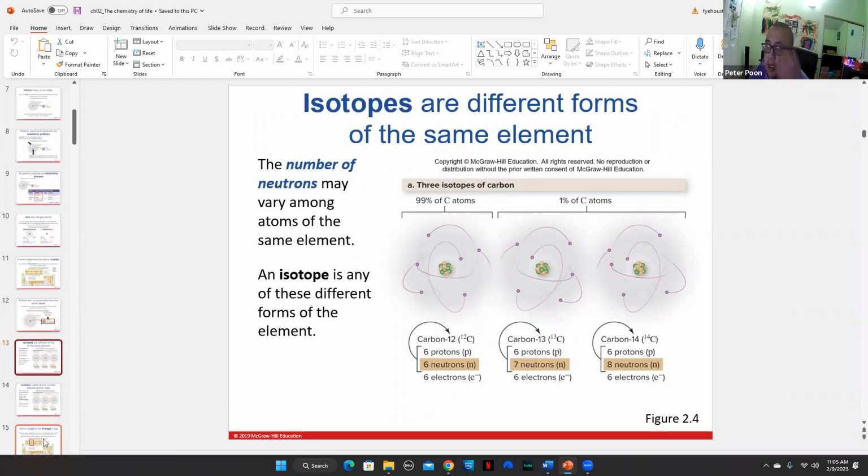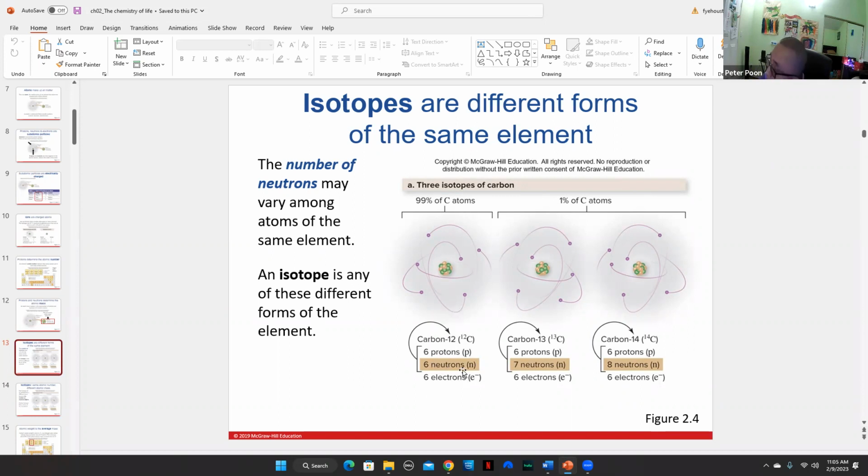An isotope is different forms of the same element. So remember, an element has to have the same number of protons. It does not have to have the same number of neutrons. So you can change the number of neutrons. Here you have carbon 12. You have 6 protons and 6 neutrons.